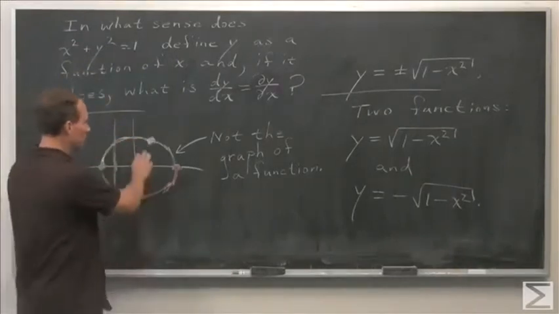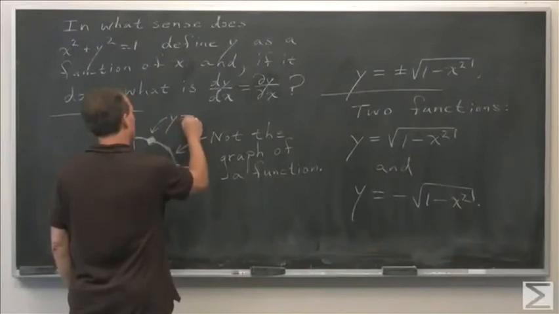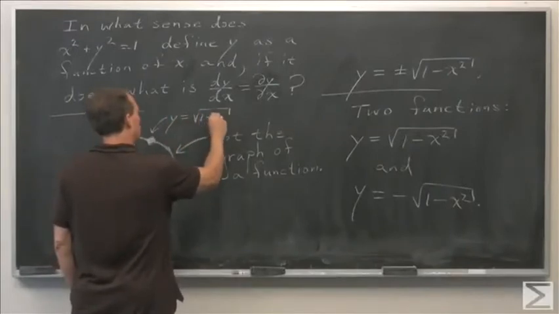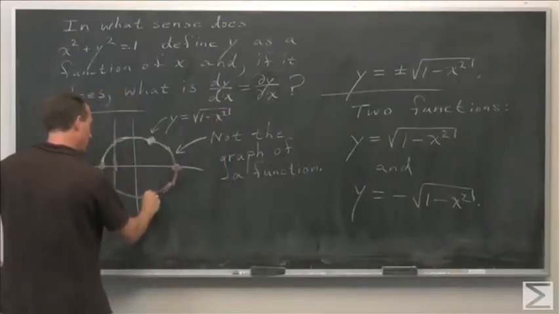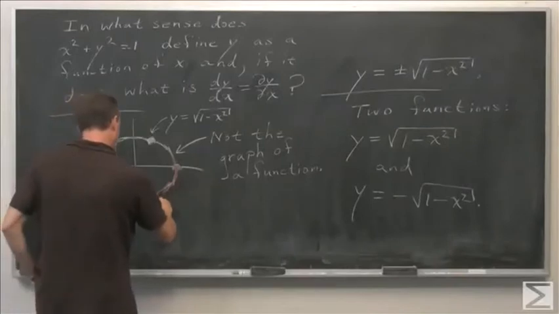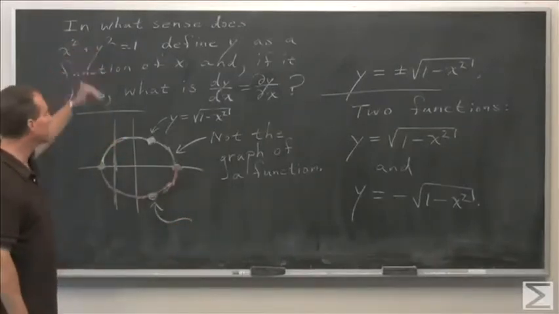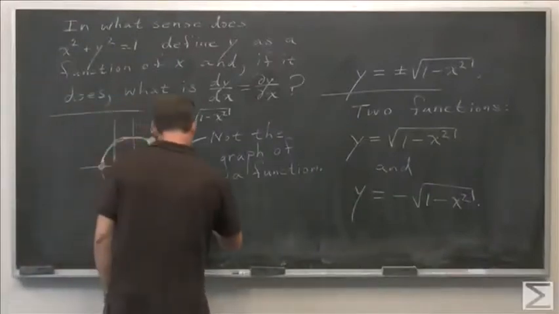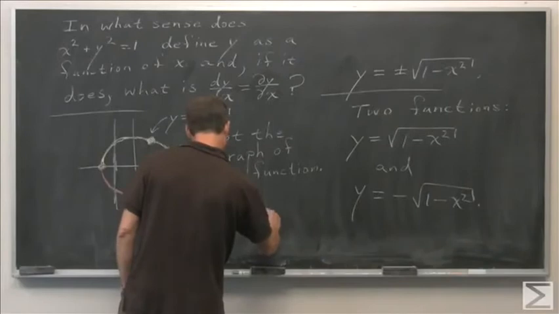So because y is positive here you would want to choose, oh yeah, the function I care about is y equals the positive square root of 1 minus x squared. On the other hand, if your y coordinate were negative, then this equation implicitly defines y as a function of x, but it would be y is negative the square root of 1 minus x squared.